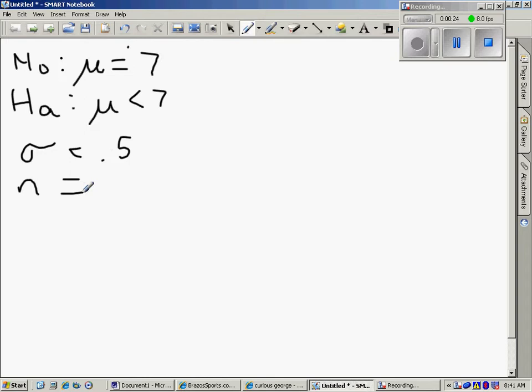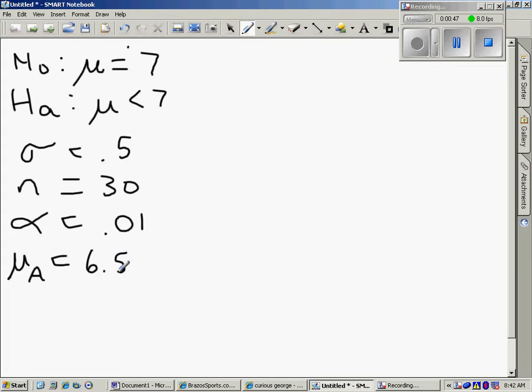N was 30. And alpha was 0.01. And then I told you the alternative value, and sometimes that's written like this: mu with a capital A was 6.5. And I don't know why it does that on the equal signs, but there you have it.